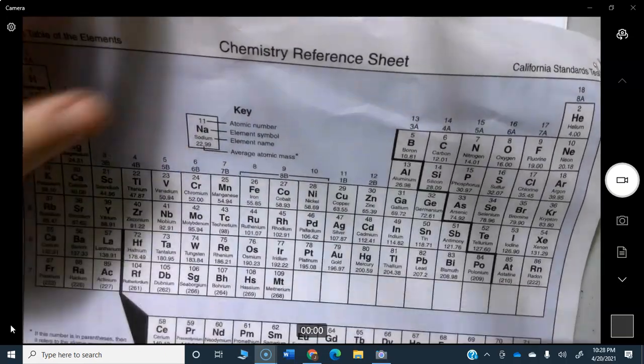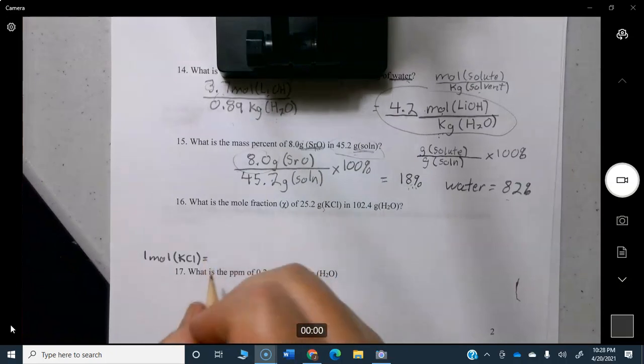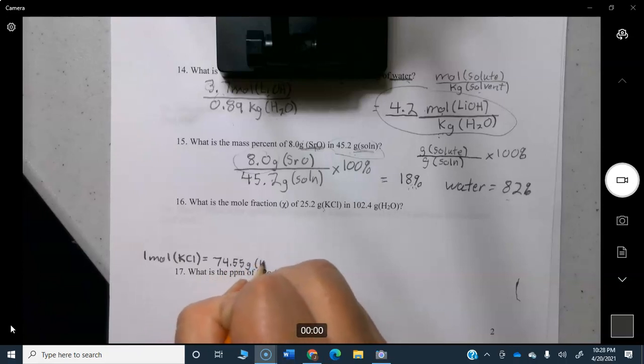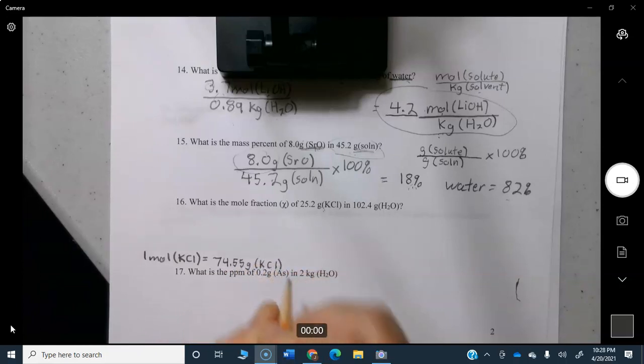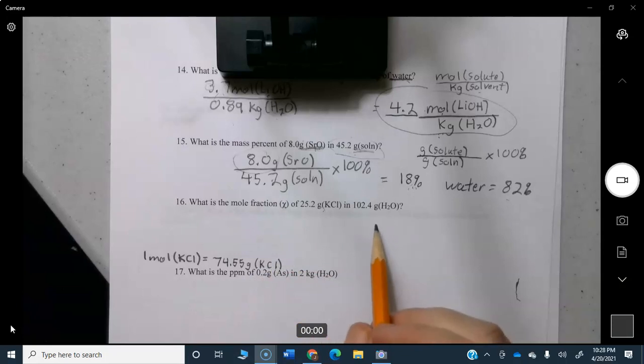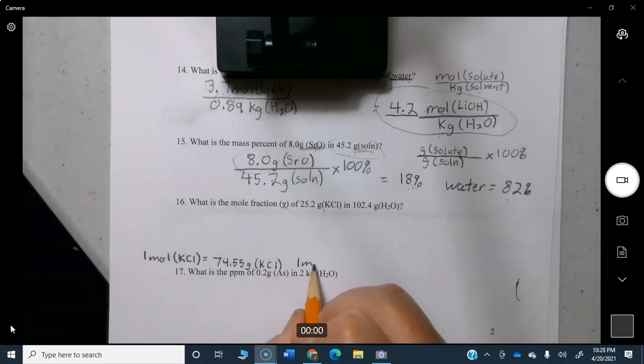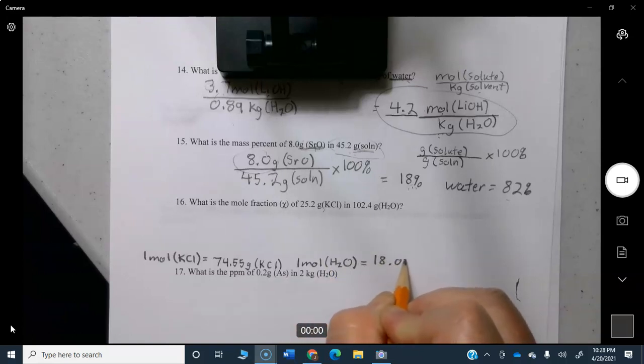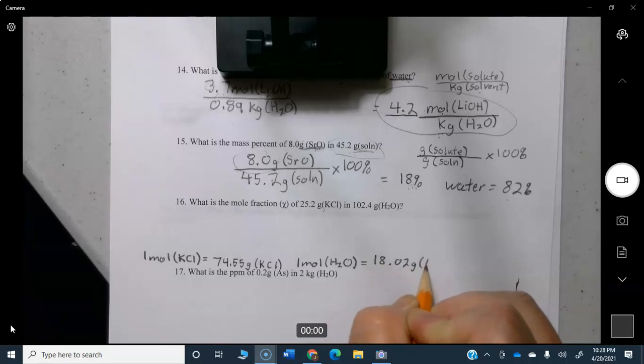And that gives us 74.55 grams. Okay, let's do it now for water, and water we already know, right? So water is 1 mole. If you don't, go figure it out. 18.02 grams of H2O.